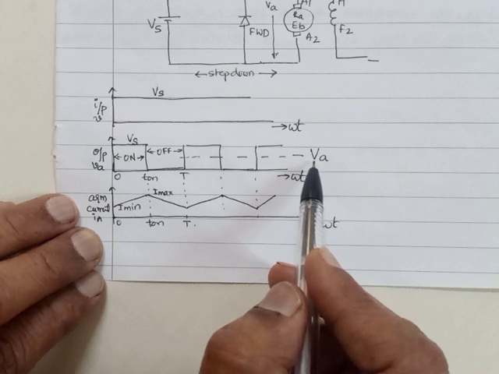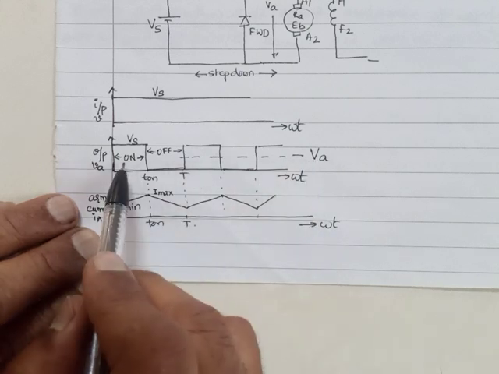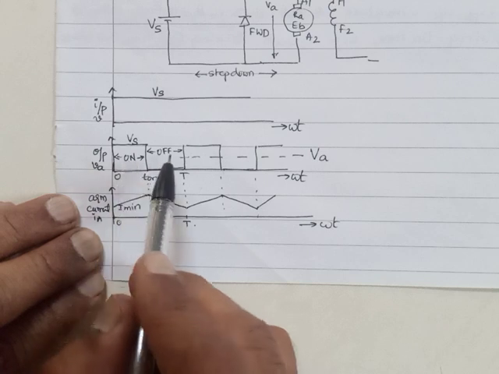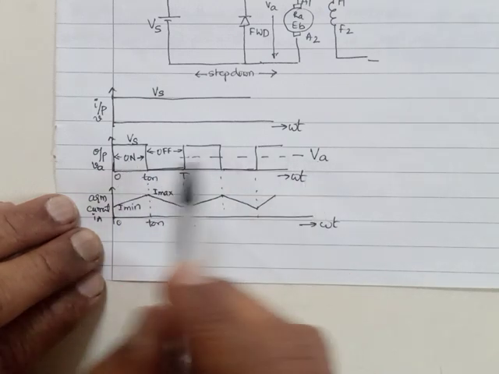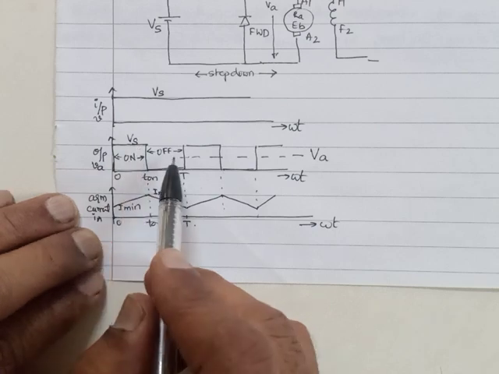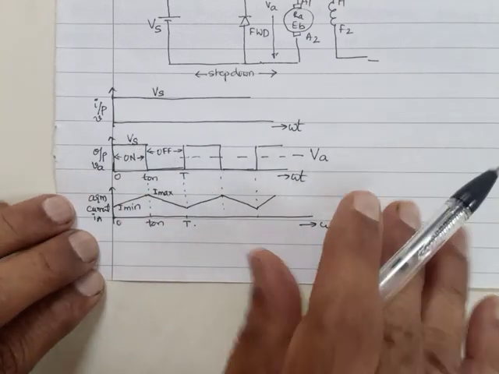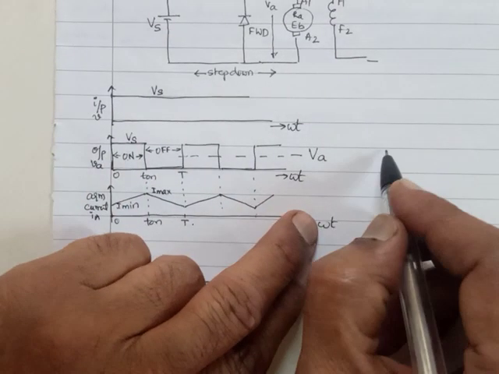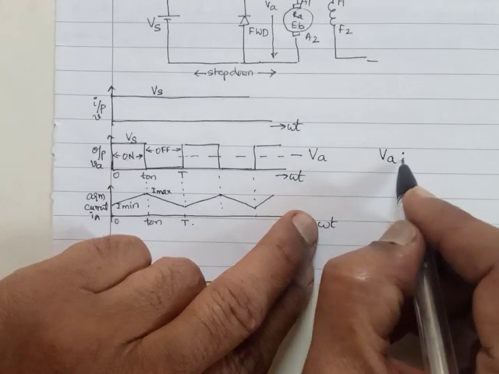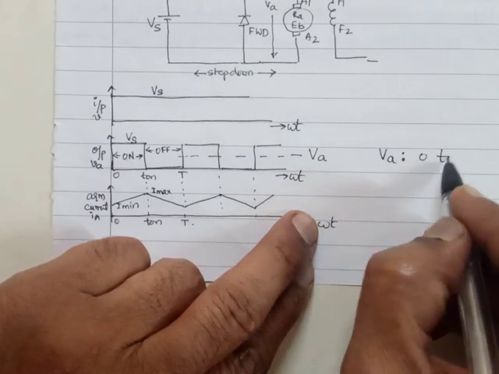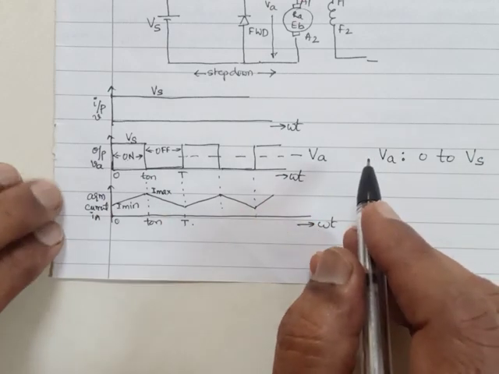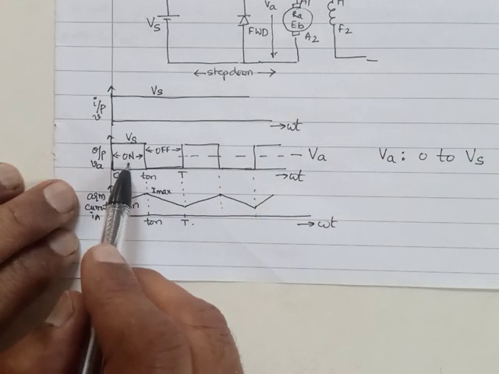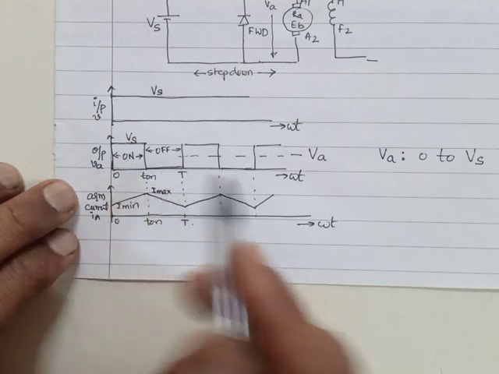If I make it continuously off, average voltage will be 0. So if I make it on for some time, off for some time, average voltage VA will be between 0 and Vs. That means VA will change between 0 to Vs depending on the relative values of on duration and off duration.